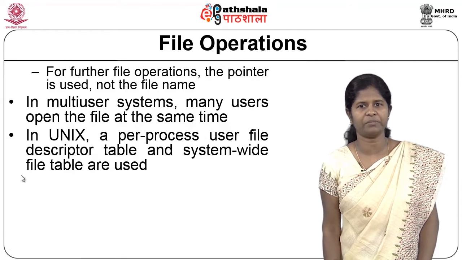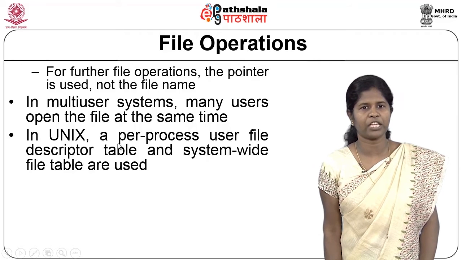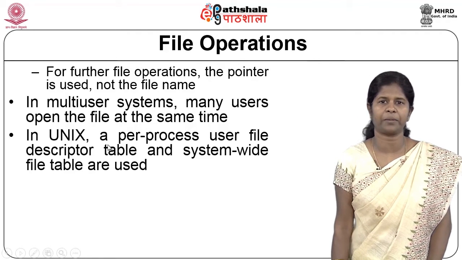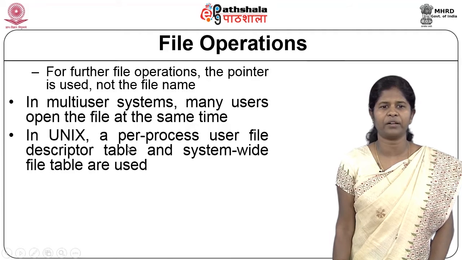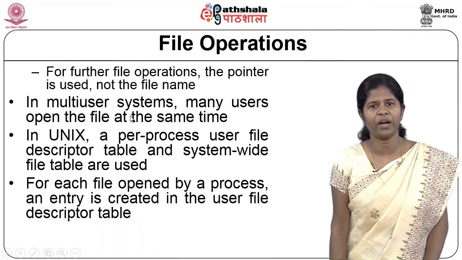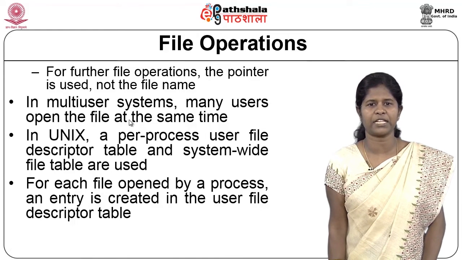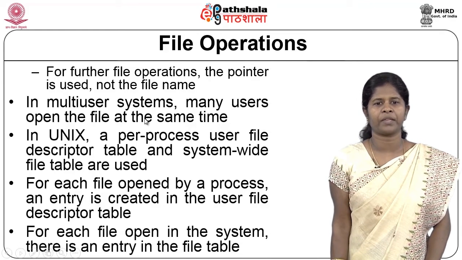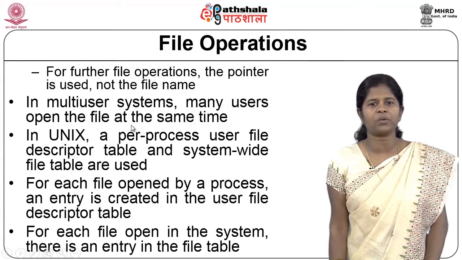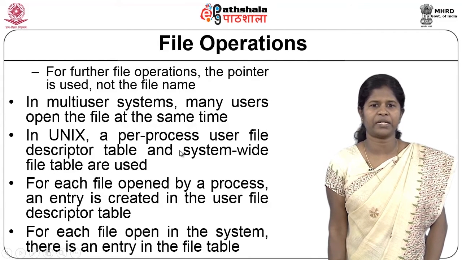So, for the whole system there is one single file table. Whenever a file is opened by a process, an entry is created in the user file descriptor table, and for each file that is open in the system, there is an entry in the file table.